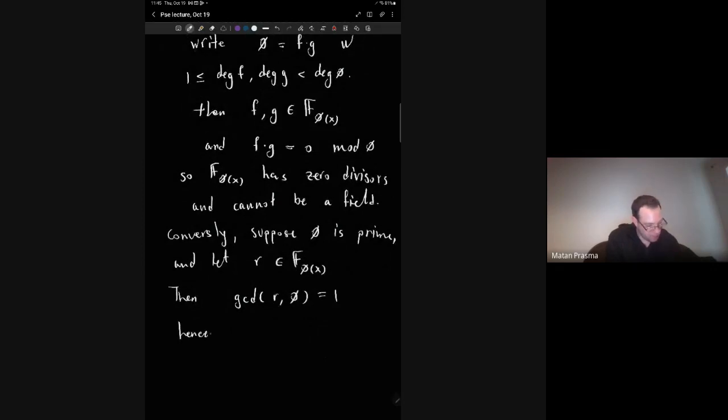Hence, there exist polynomials U and V in F of x, if I'm consistent in the notation, such that RU plus phi V is equal to 1, i.e., RU is equal to 1 modulo phi.